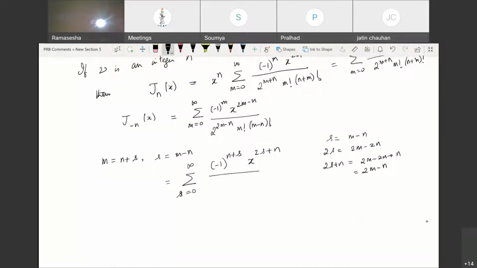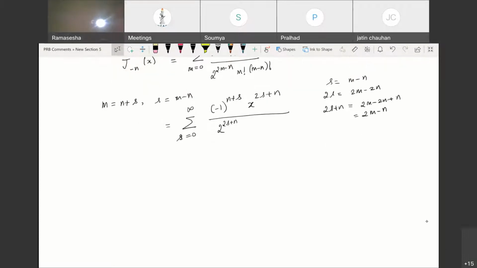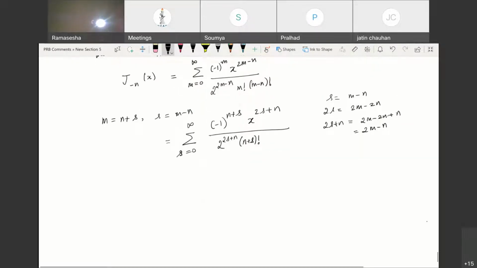So this 2 to the power 2m minus n is what? 2 times what is m factorial? m was equal to n plus s into m minus n factorial.